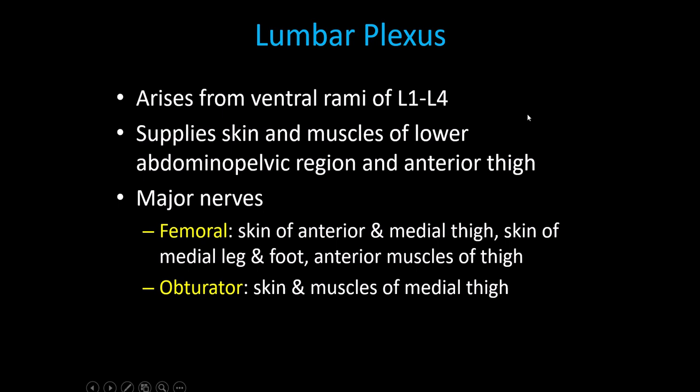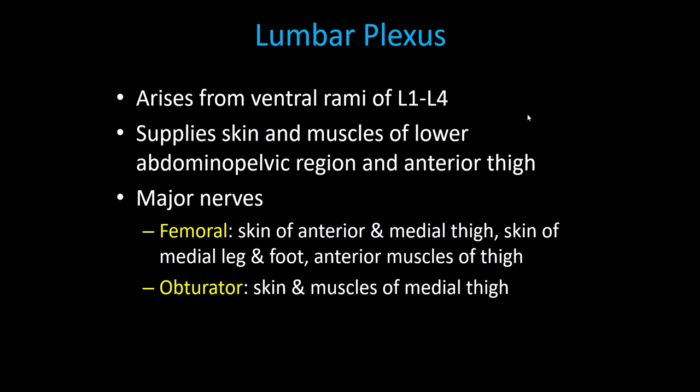If we look at the lumbar plexus, we're looking at the ventral rami from L1 to L4. So we're looking at abdominal, pelvic, and anterior thigh. Two major nerves of the lumbar plexus are the femoral nerve and the obturator nerve. The femoral nerve does skin of the anterior middle thigh, skin of the medial leg and foot, and then also all of the anterior muscles of the thigh.